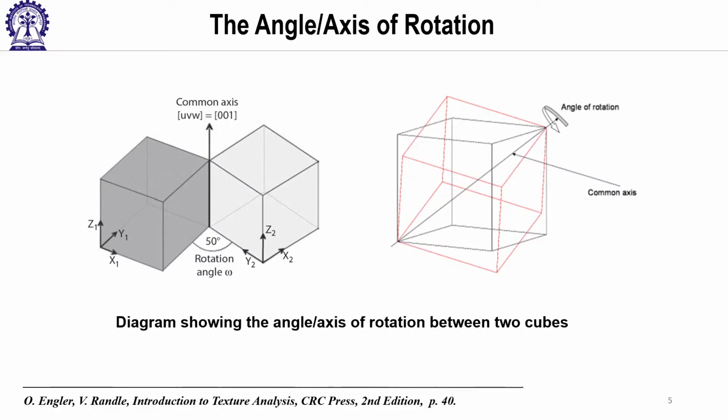For example, you can get a sigma 3 boundary along the 111 axis if you rotate 60 degree. For the same crystal, if you rotate along the 110 axis by 70.5 degree, then also you will get a sigma 3 boundary. So what does it mean? Because of the symmetry, you can get the same boundary by different combinations of angle and axis.